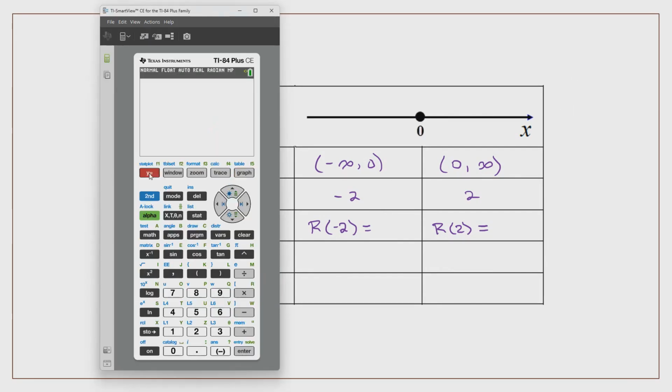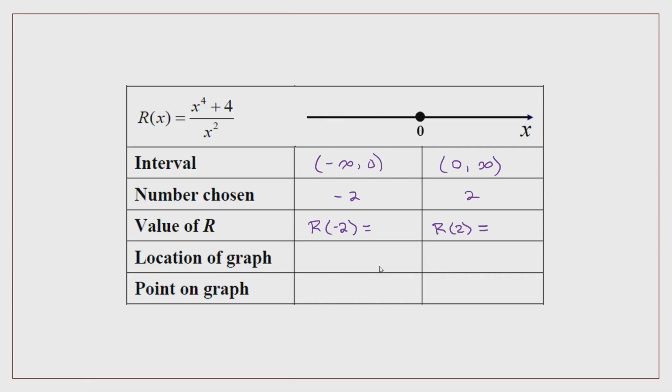All right, and we're going to substitute in our new r of x, which is x to the 4th plus 4 divided by x squared. Enter that in. We'll go second table. I want the values of negative 2, which is 5, and 2, which is also 5. So I have 5 and 5.